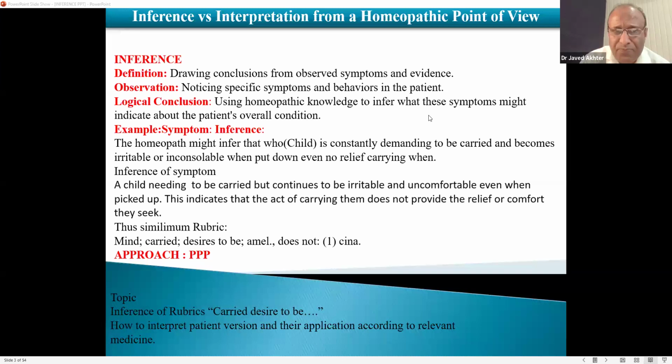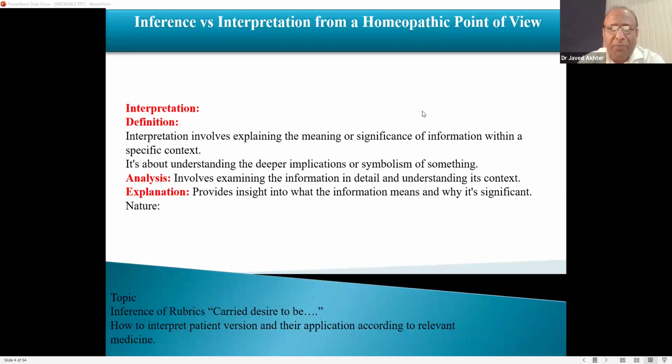And what is interpretation? Interpretation involves explaining the meaning or significance of information within a specific context. It is about understanding the deeper implication or symbolism of something. Analysis involves examining the information in detail and understanding it in its context.